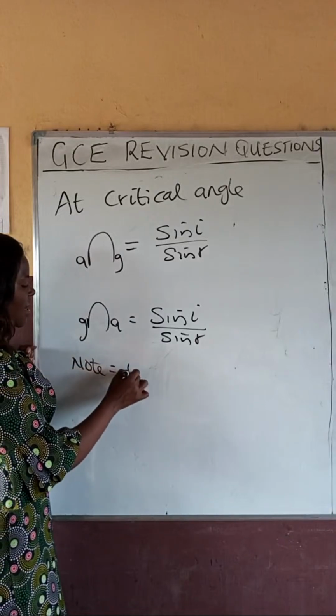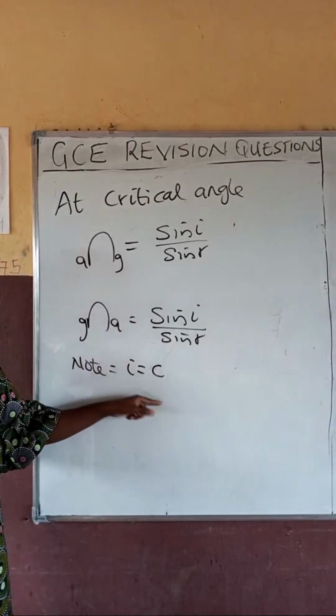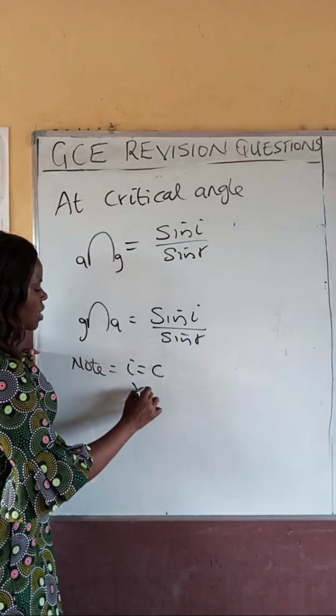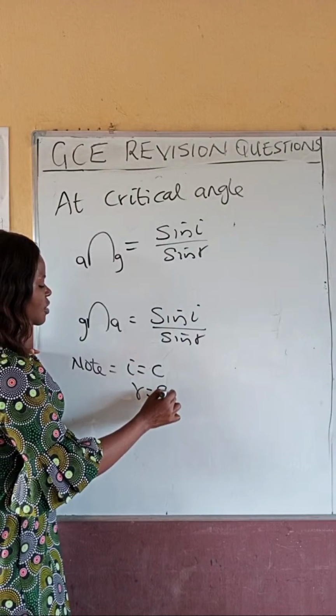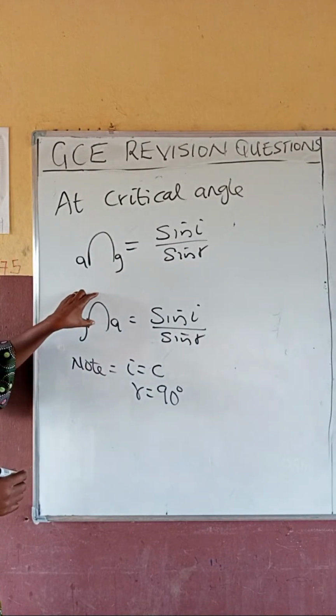But we should note that at critical angle, the angle of incidence is equal to the critical angle, and also the angle of refraction is equal to what? 90 degrees. Is that okay? It's equal to 90 degrees. Now, we can replace it.